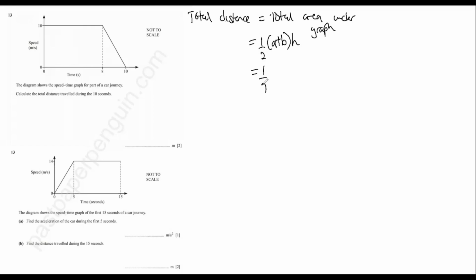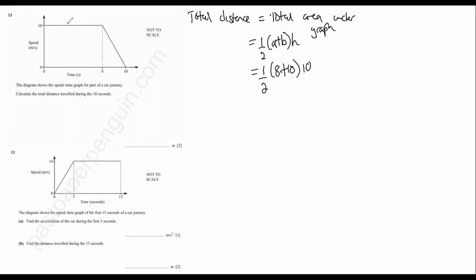So we have half, then a. So a is going to be 8. Then b is going to be 10. And then our height is going to be 10, right?